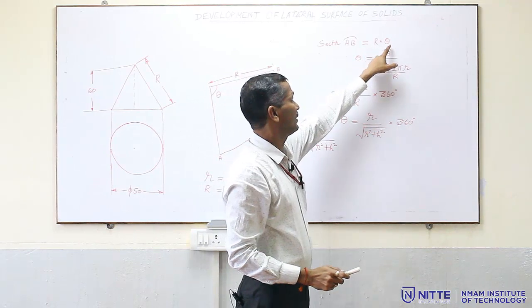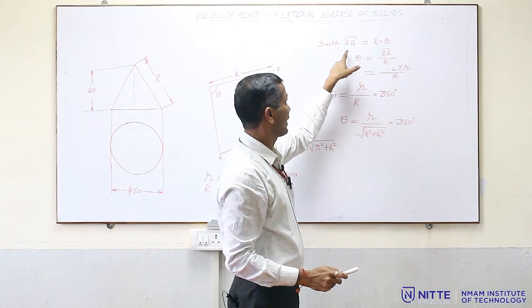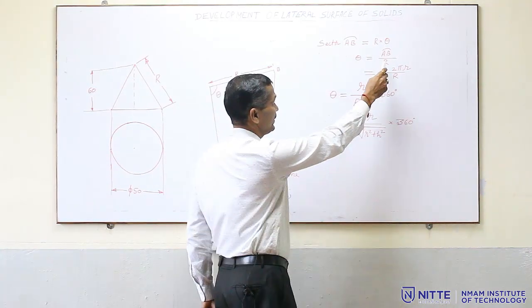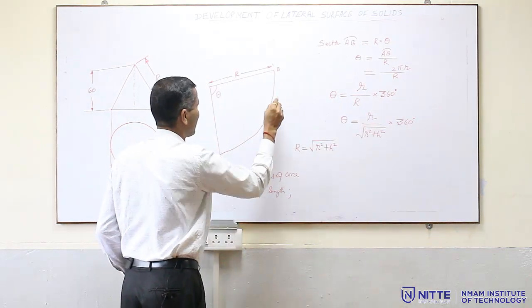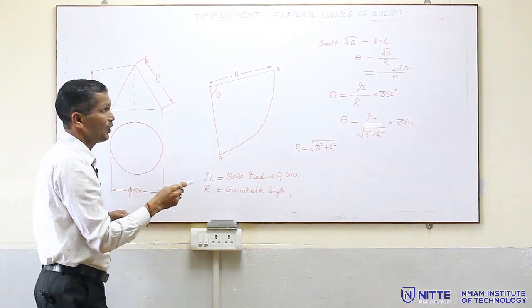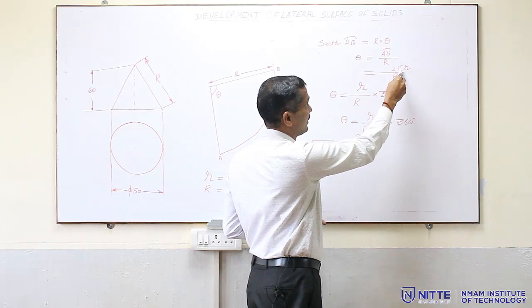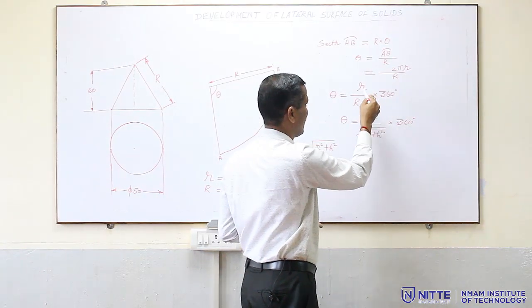So, theta is equal to sector length AB divided by the capital R, that is the generator. Now, this sector length, that is from here to here, is nothing but the circumference of the base, which is equal to 2 pi r. If you substitute like this, 2 pi r divided by capital R, so reframe it.